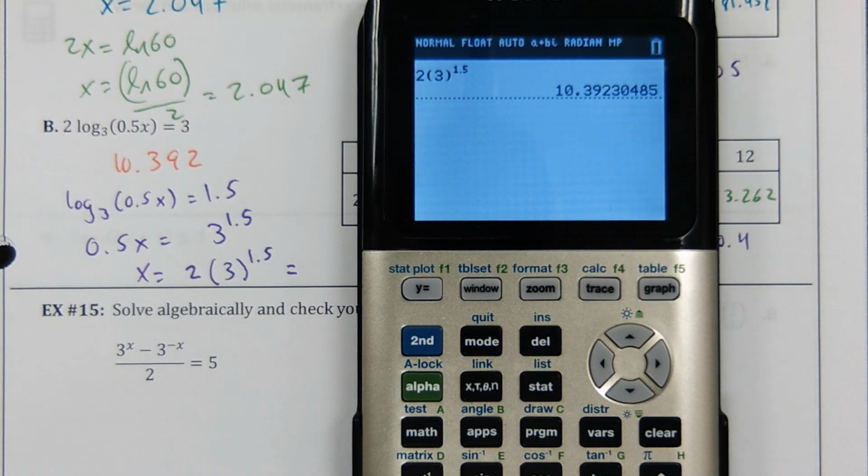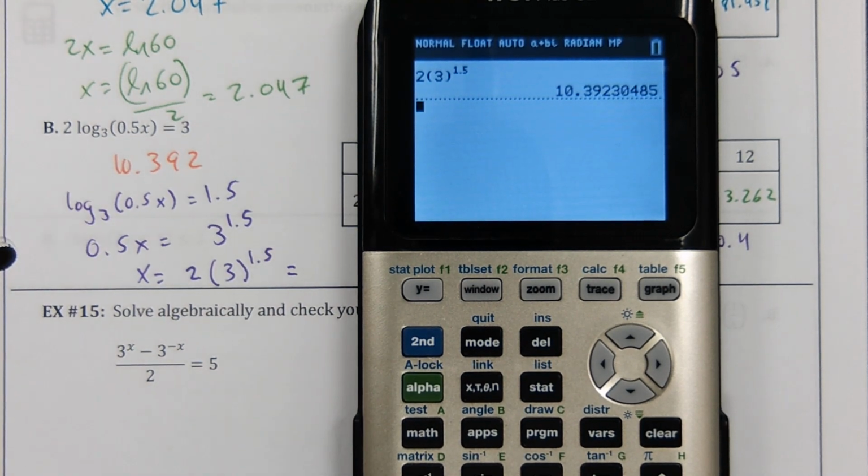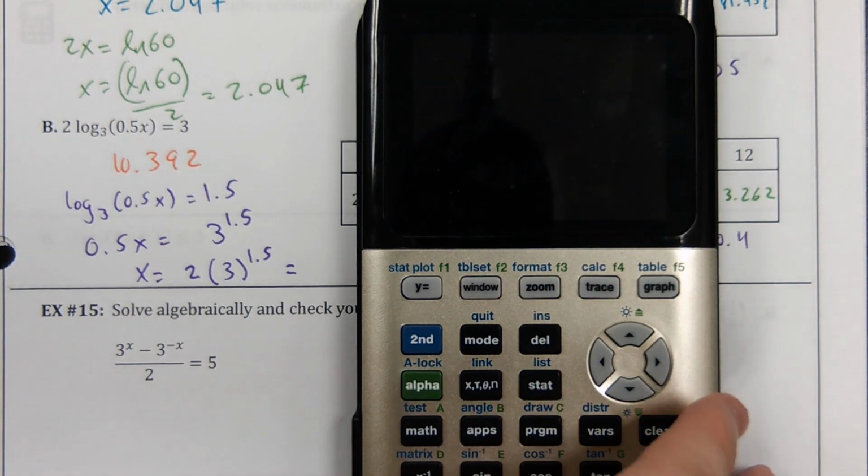There it is. So yes, we could solve using successive approximations, or we could just use logarithms, natural logarithms, exponential bases, or we could just set the graphs both on the same grid, second trace, intersect. Whichever one you're most comfortable with, but I want to make sure that you have all the skills.